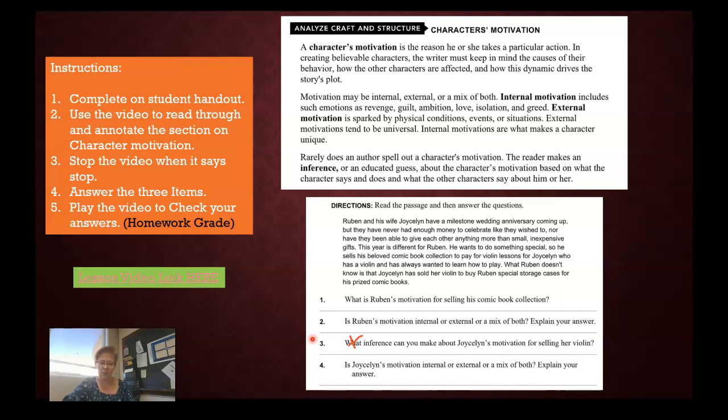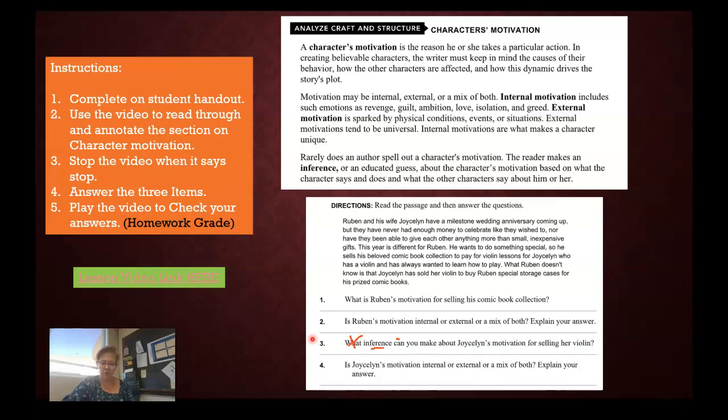And we're going to start an inference I can make about Jocelyn's motivation for selling her violin is. And then you're going to come up here and you're going to look at why she chose to sell her violin. You're looking for things happening to her and things that she's feeling because of what is happening and how those things motivate her to make a choice.